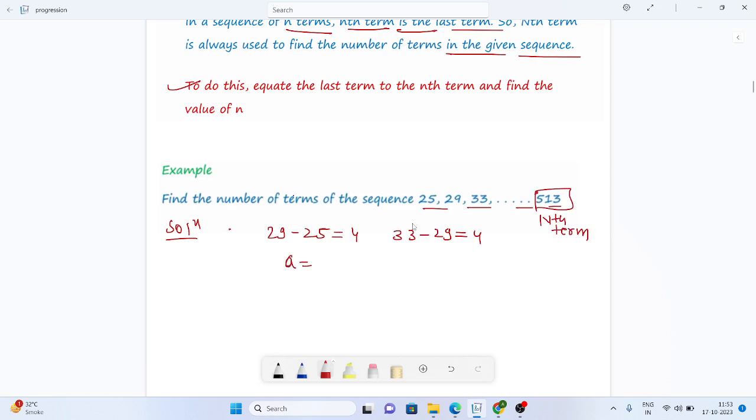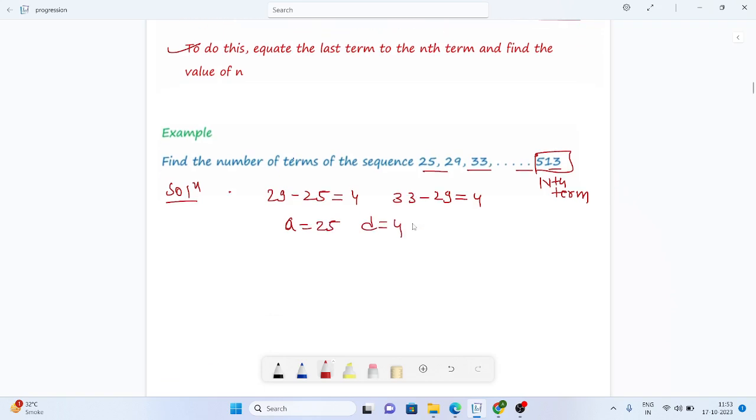The first term is 25 and the common difference is 4. So I put the formula of the nth term, Tn equal to A plus n minus 1 into D, and from here I find the number of terms. So Tn is 513, A is 25, n I have to find and D is 4.